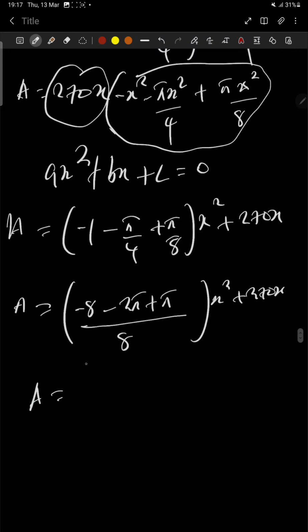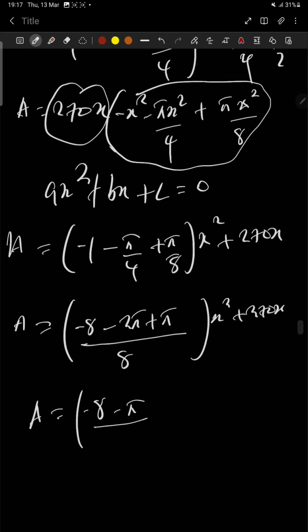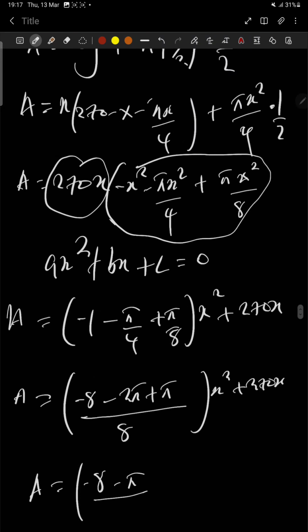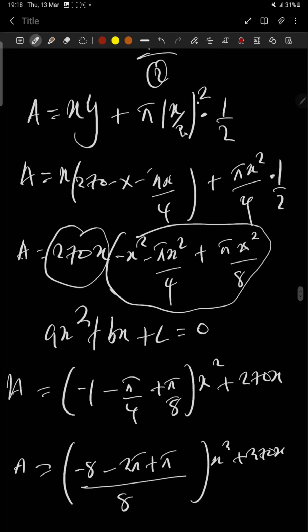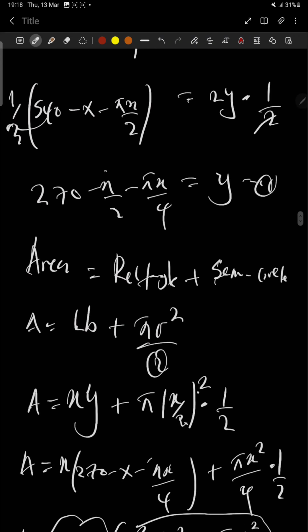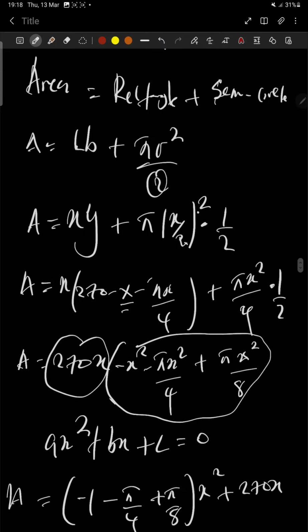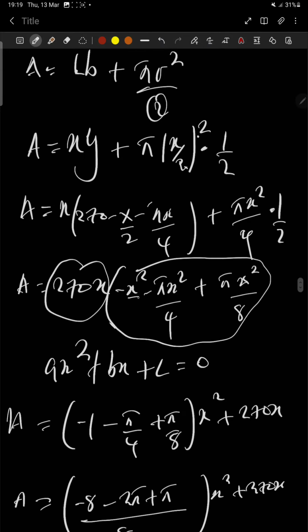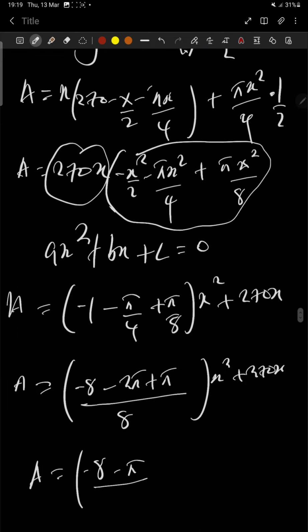So my area here will be negative 8 minus pi over, with 8, just a minute, 2 pi plus that, just a minute. Okay, I've seen where I made a mistake. When multiplied by 2, this was x over 2, so this is supposed to be x over 2, yes, x over 2, so this will be 2, yeah, this is okay now.